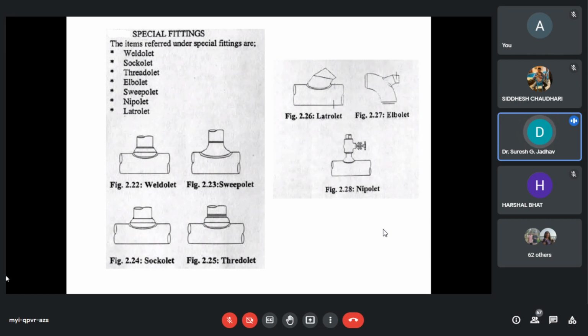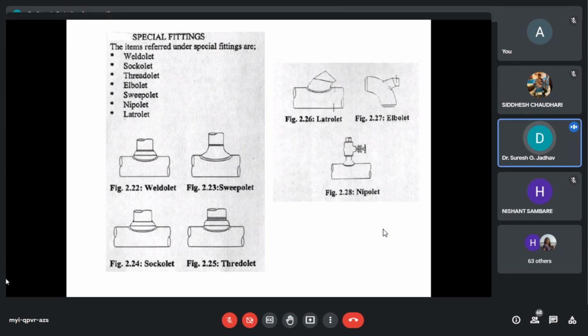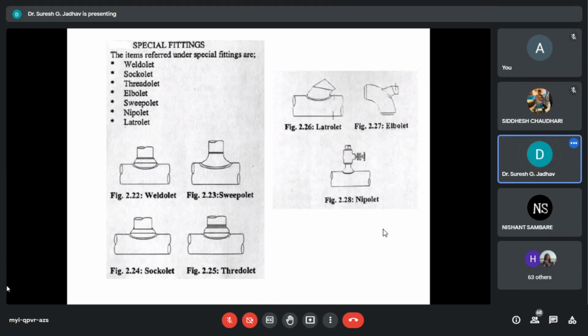First is weldolet. Weldolet is used for butt weld branch connection where standard T is not available. Why is it not available? Due to size restriction and the piping is a critical or high pressure service. In this case, we use weldolets.